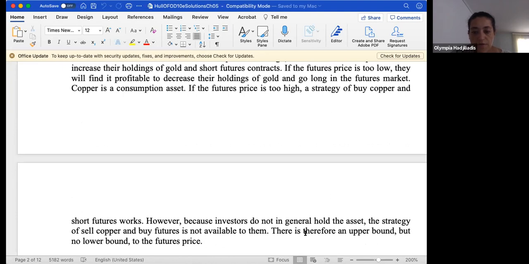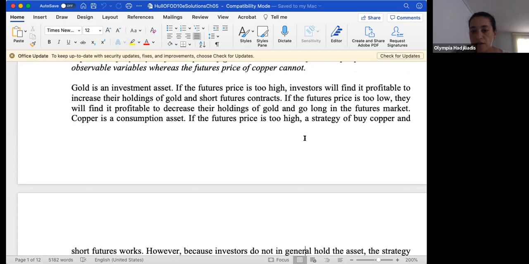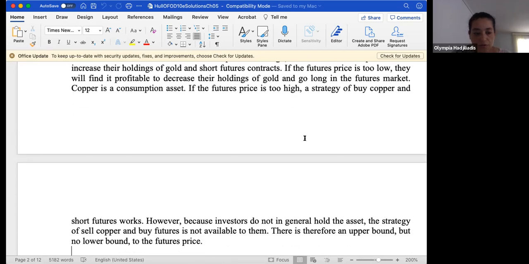So there is therefore an upper bound, but no lower bound. So there we go over here. Exactly, this is what's going on. Copper is a consumption asset. If the futures price is too high, a strategy of buying copper and short futures works.